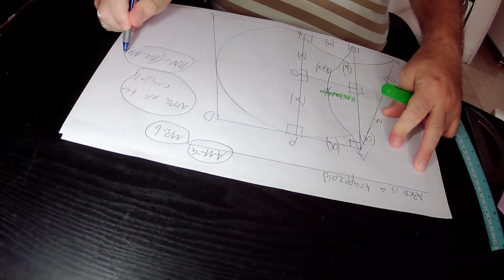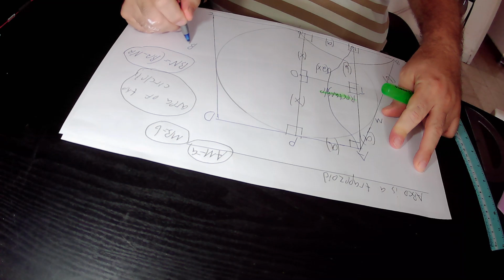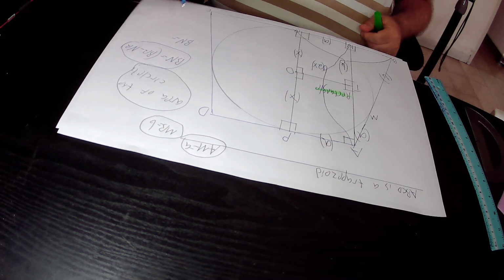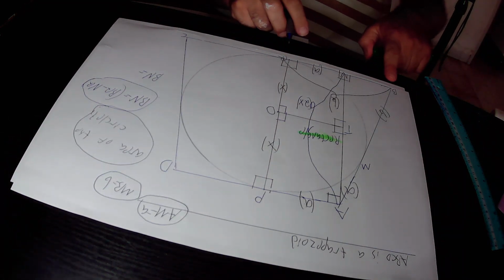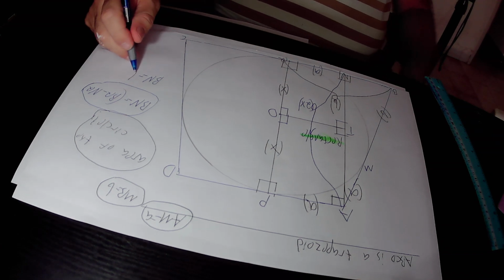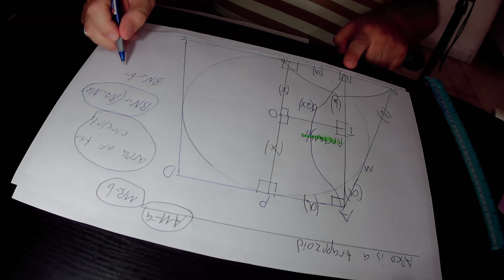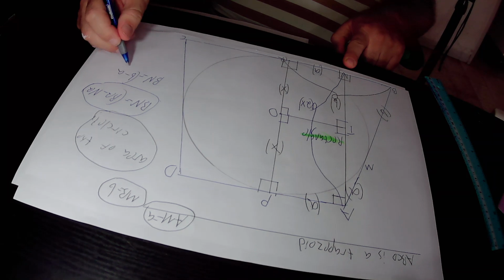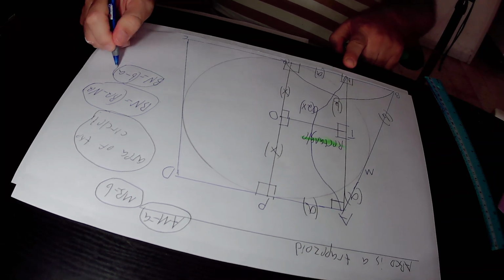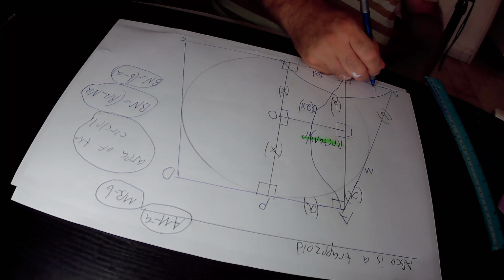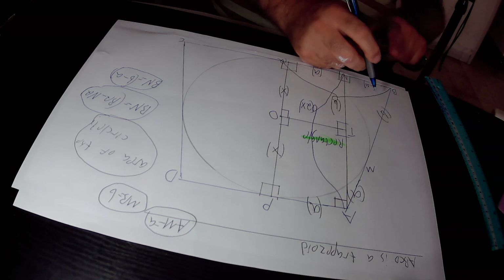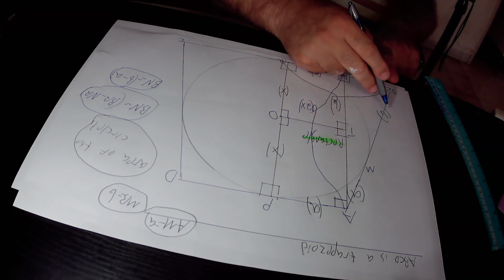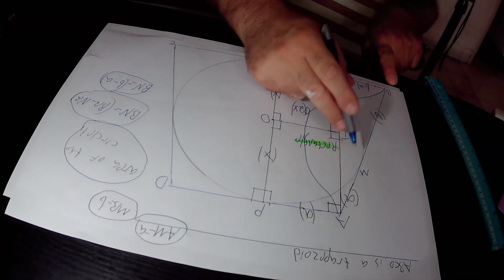So BN in total equals, BQ is b, minus NQ is a. So in total BN equals b minus a units in its length. The length of side AB is a plus b. Again, the length of this side AB is a plus b.